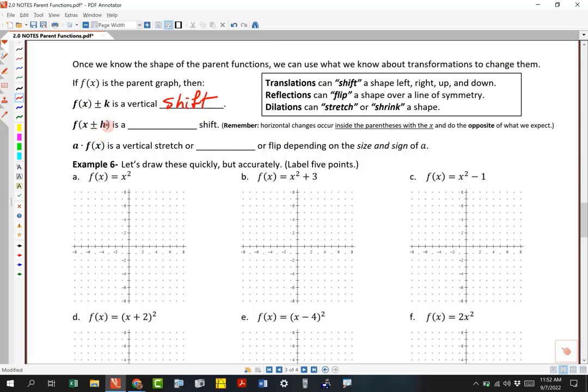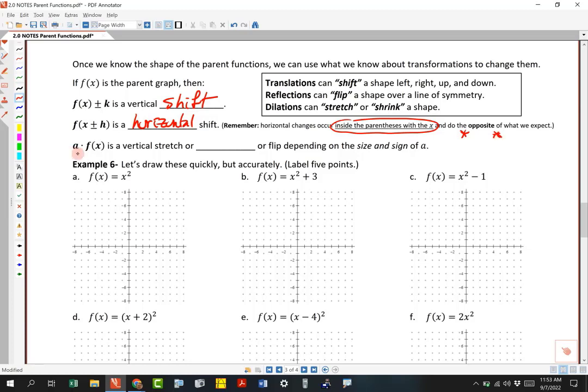If I change it inside with the x, that is actually a horizontal change. It's a horizontal shift, but horizontal changes occur inside the parentheses, so make sure you keep track of that. Horizontal changes do the exact opposite of what you'd think. So if you think it moves it to the right, it's actually going to move it to the left. If you think it moves it to the left, it's actually going to move it to the right.